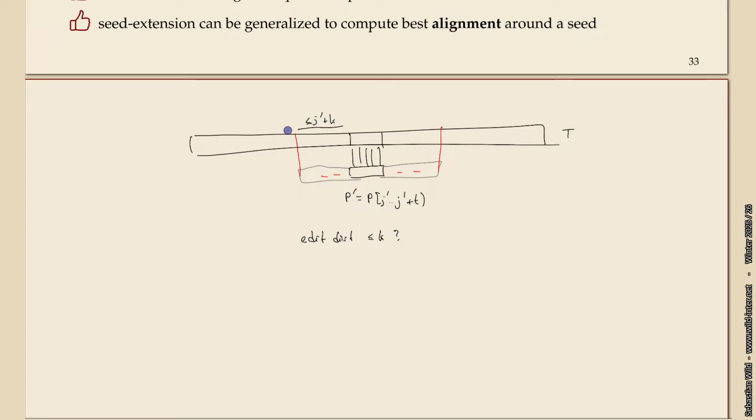If I go further left, there's no way I can get rid of all those text characters within edit distance k. And same for the right, as it's m minus j prime minus t plus 1, plus k, something of that sort, the number of characters to the right of that endpoint, and plus k again. So I can take a substring of the text that is essentially m plus 2k characters.